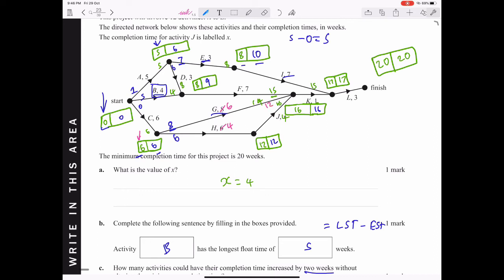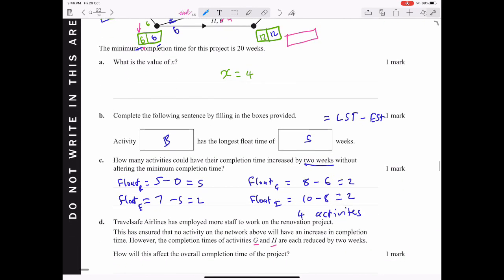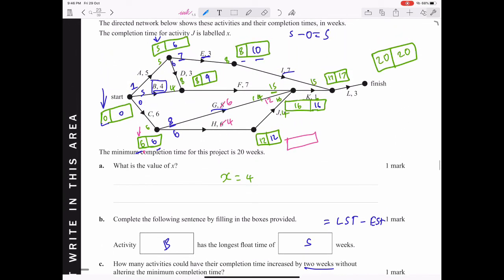And if we've changed this to 4, we can do 6 earliest start time plus 4 and add a new box which represents the adjustments that have been made by reducing G and H.